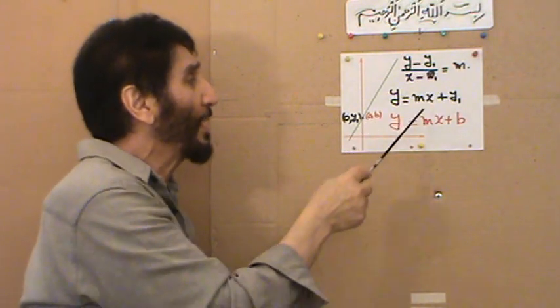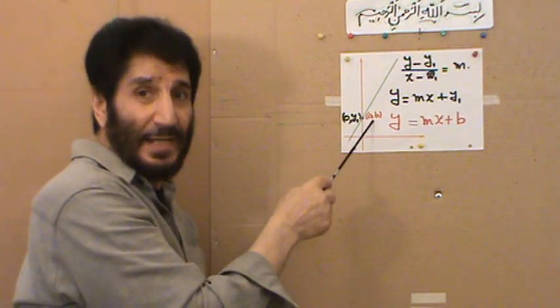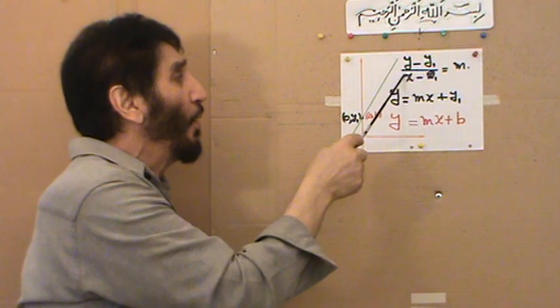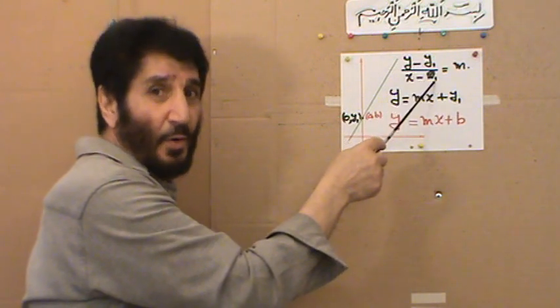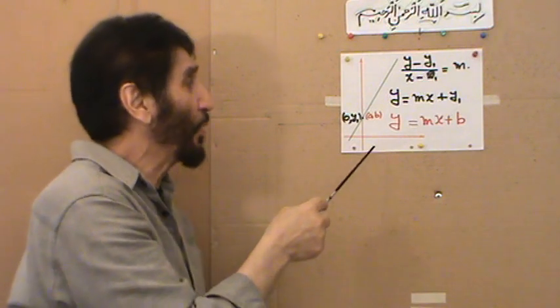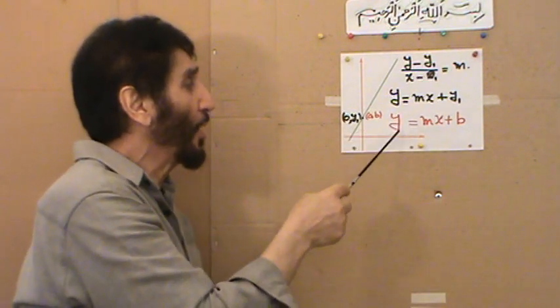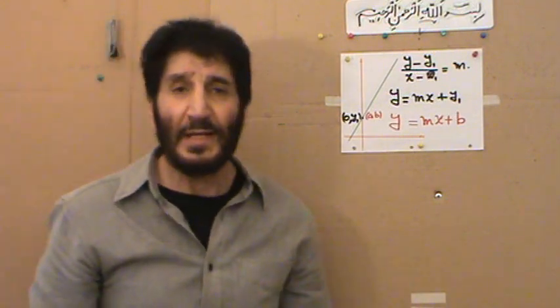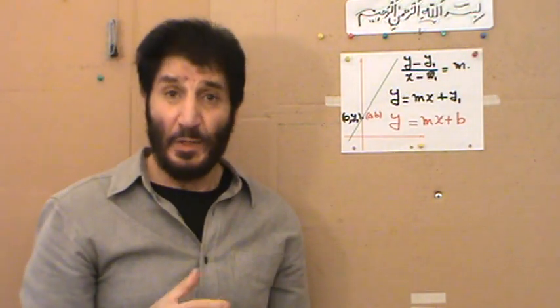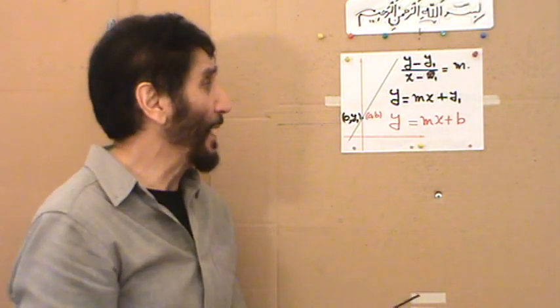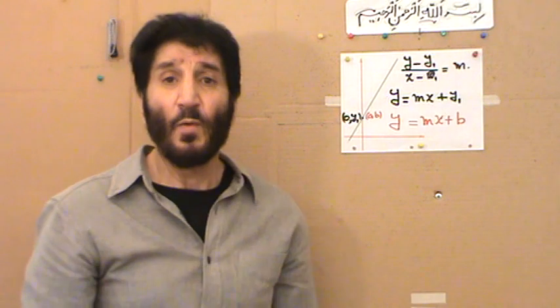Then instead of y1, I use the letter b: y minus b over x minus 0 equals m, and with very elementary algebraic manipulation, cross product, I came up with this formula. And this formula is the analytical equation of any line except a vertical one.